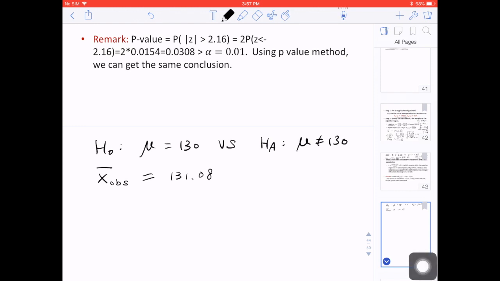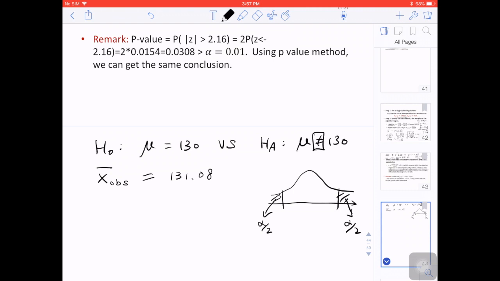Because our alternative hypothesis is mu is not equal to 130, it's a two-tailed test. And these areas should be equal because they're symmetric, right? Each area is equal to alpha divided by 2.